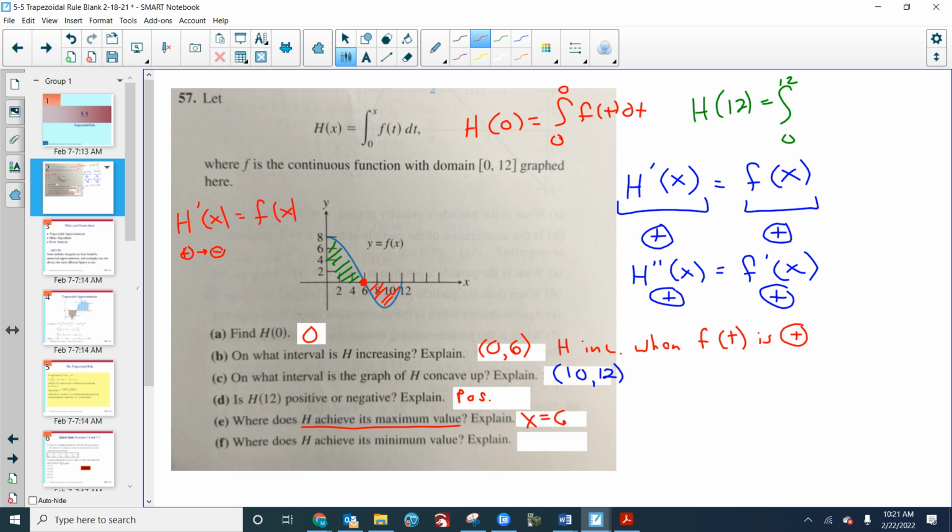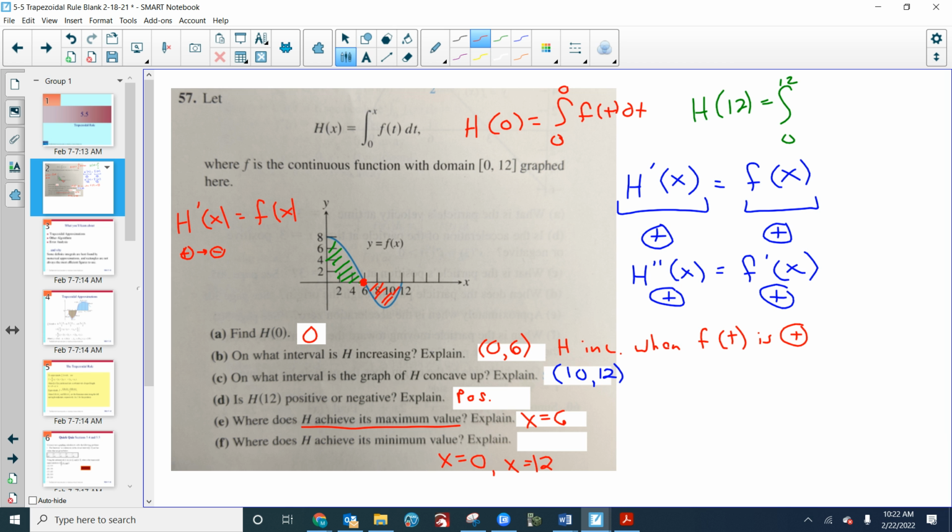Do you agree? Oh, I gave it away. Where does h achieve its minimum value? At 0 and at 12. Now, this is not my final answer. X equals 0, x equals 12. Which one is the minimum? 0, right?